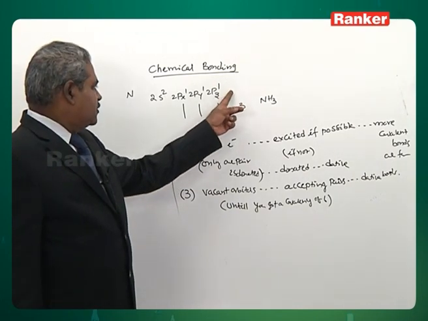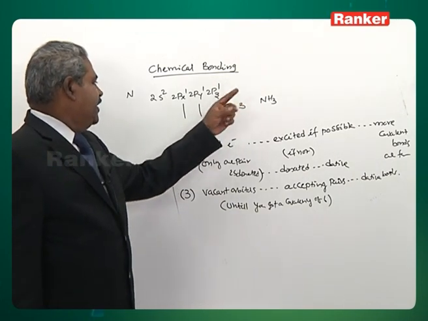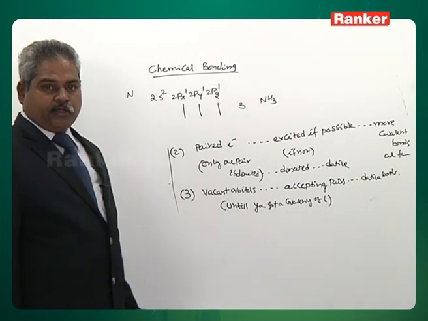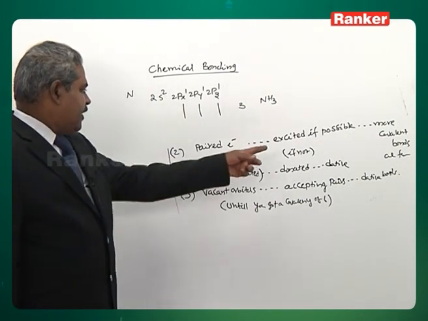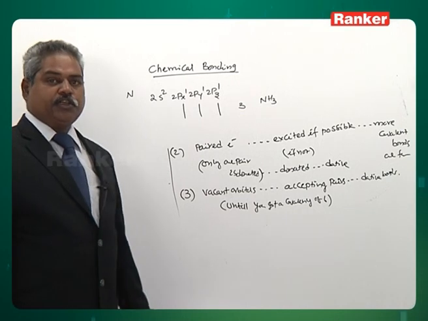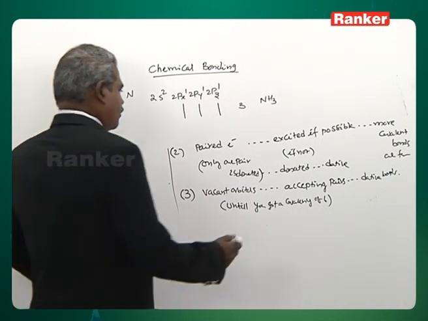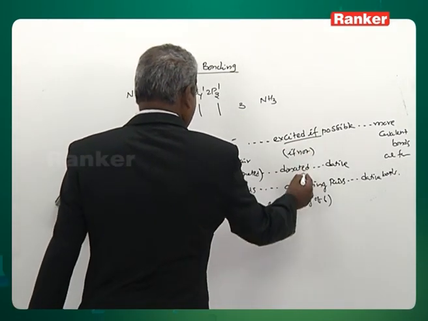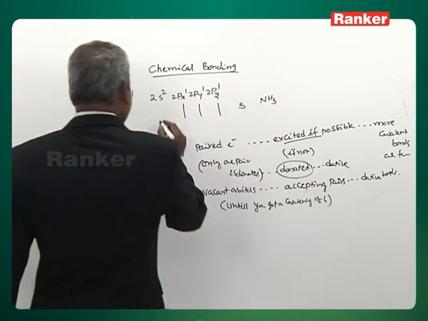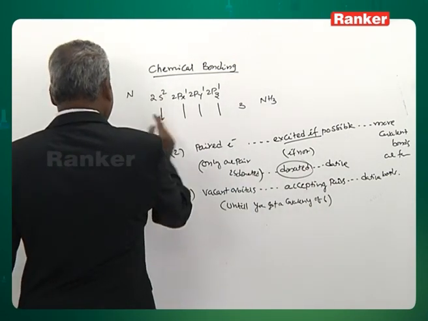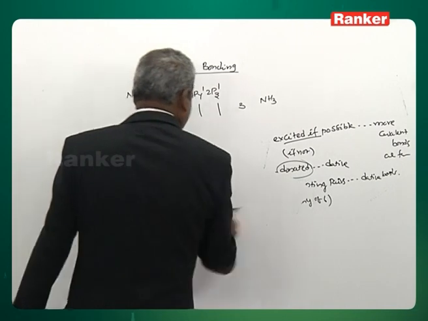We don't expect a 2d here. Therefore, the pair cannot be excited. So here excitation is not possible. So, what will you do if excitation is not possible? You donate them. So, nitrogen donates that pair of electrons and forms the 4th bond.